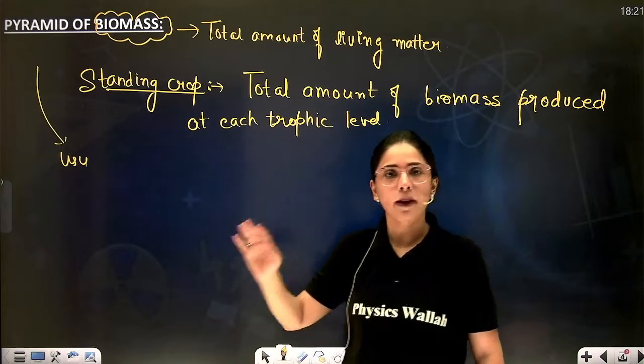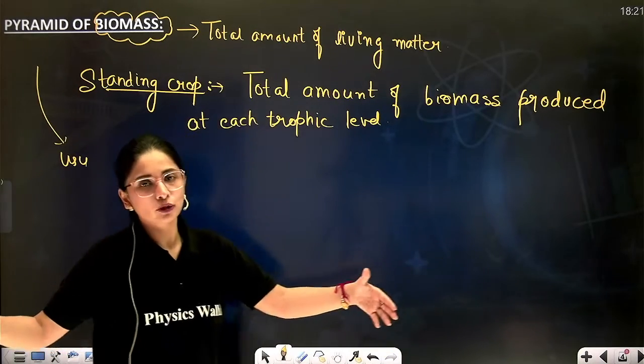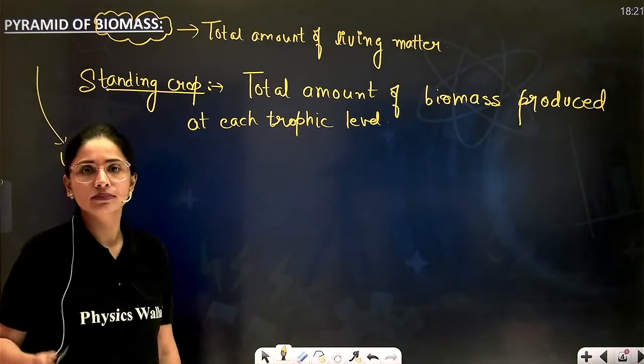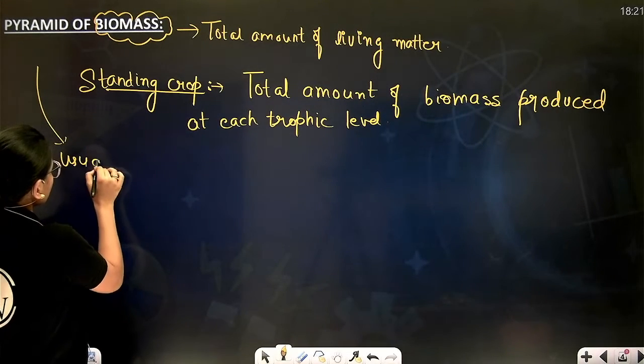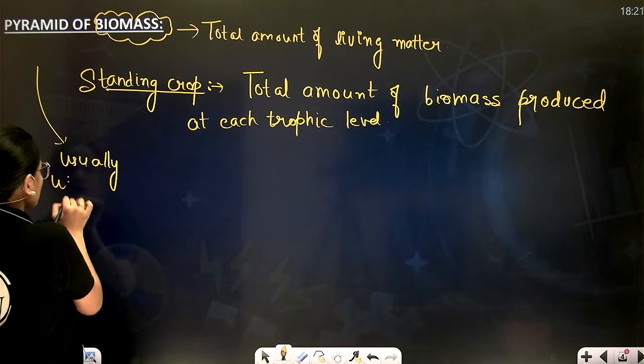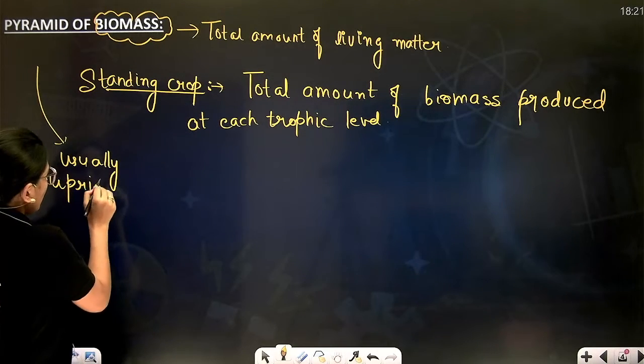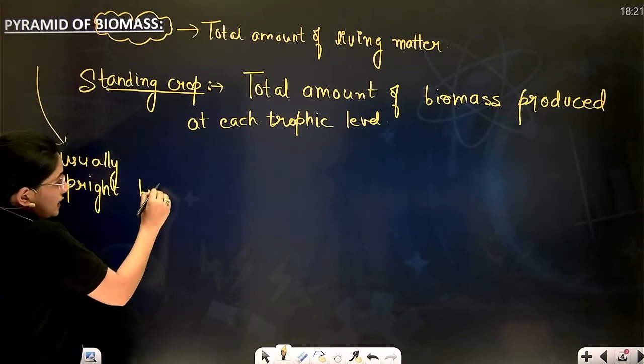It is usually upright. That means the broad is going to be the base and the apex is going to become narrow. So it is usually upright, but exceptions prevail.